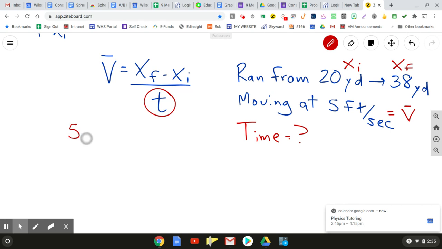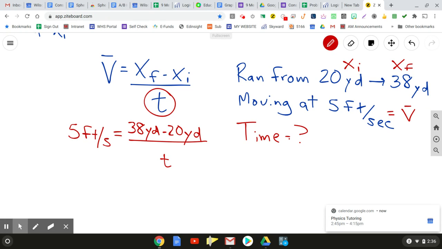We have 5 feet per second, which technically is positive. Our yardage is going up, so our position is increasing. This would be equivalent to the difference, 38 yards minus 20 yards over our unknown variable, time, which is what we're solving for.